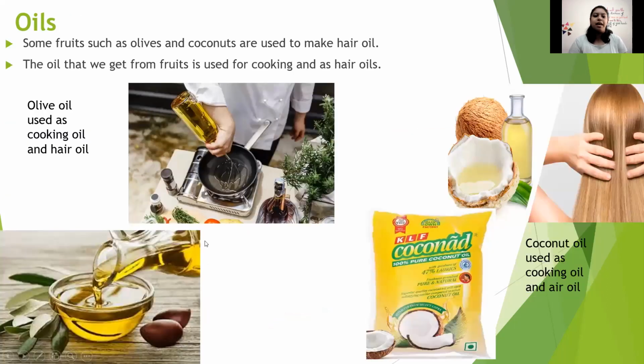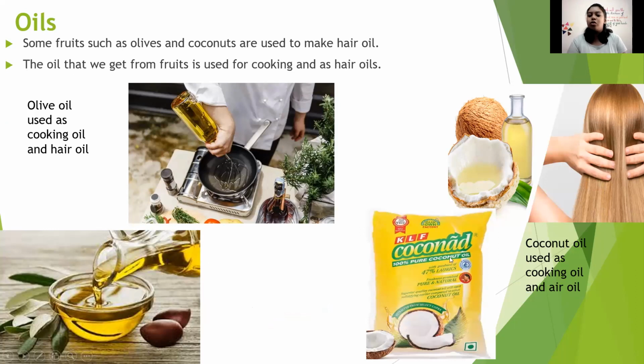Then, coming to oils again, some fruits such as olives and coconuts are used to make oil. The oil that we get from fruits is used for cooking and as hair oil also. We use olive oil for cooking and as hair oil, and even coconut oil, we use as hair oil and also for cooking, as you can see in the picture, children.